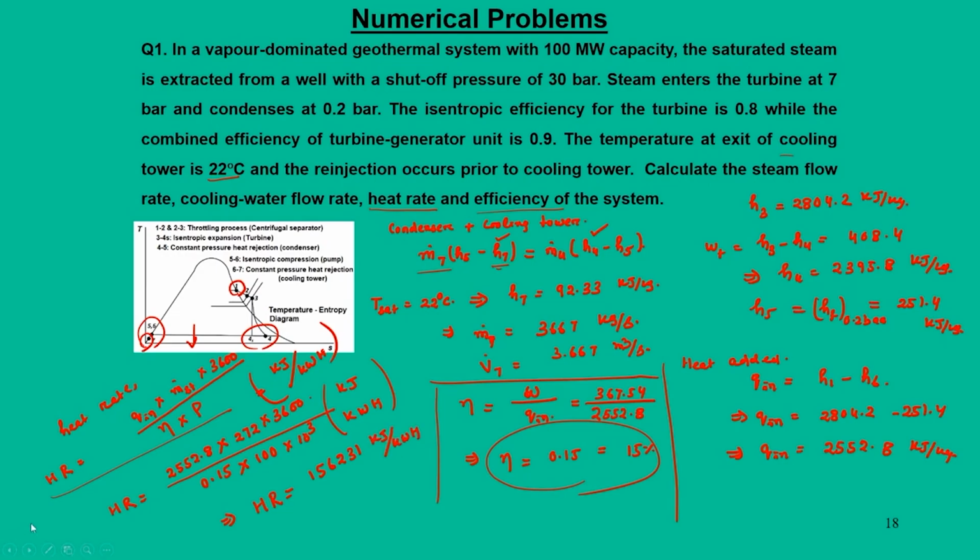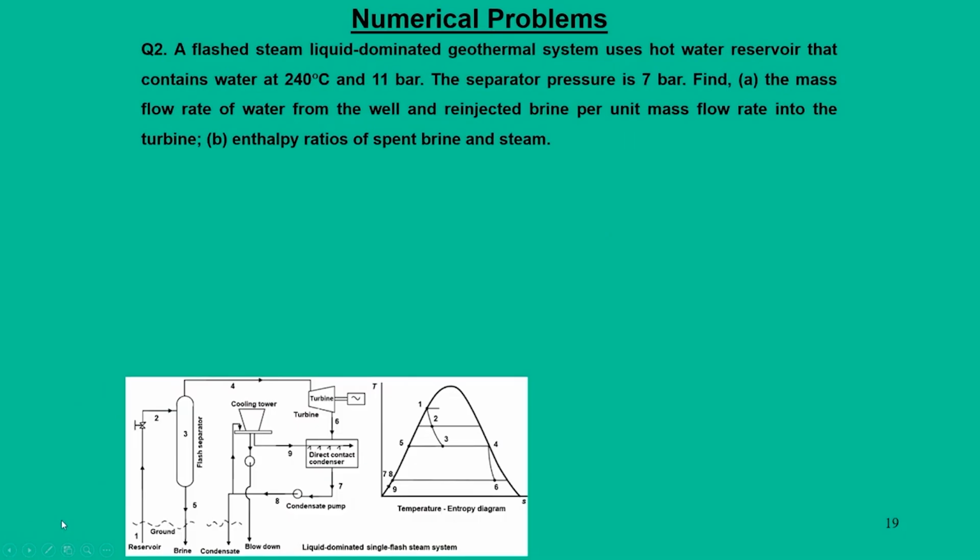So, this is about the big problem, which is for vapor dominated systems. Now, we will look into a small problem in which we have to see a liquid dominated system. So, the problem statement is for a liquid dominated geothermal system. We started with the same temperature entropy diagram.